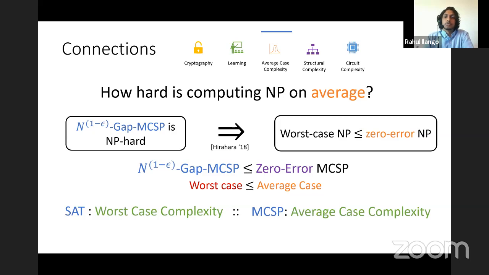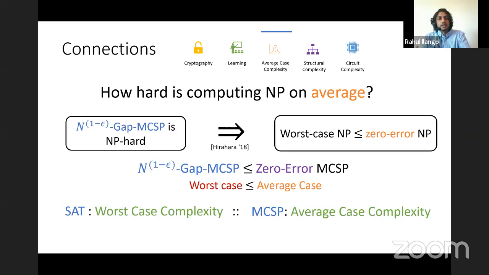Maybe it's this lodestar by which you can connect all these different questions in average case complexity. And maybe it is, maybe it isn't. I don't know. My hope is that it is. That's the feeling I get from these results. I mean, one-way functions, learning on average, these are all fundamentally average case notions that we weren't really able to connect to SAT, but we can connect to MCSP.